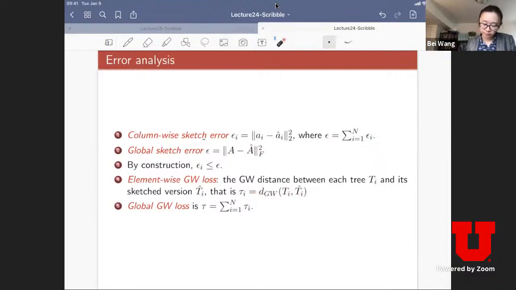You might also see a scenario where there is a very small sketch error, but structure-wise they are very different, which means they have a high GW loss. Another way to think about it: GW measures the differences between the tree structures, and the sketch error measures the differences between their corresponding matrix representations. So they are related to each other, but not identical. Okay? Any questions so far?